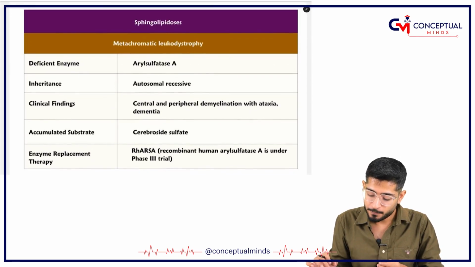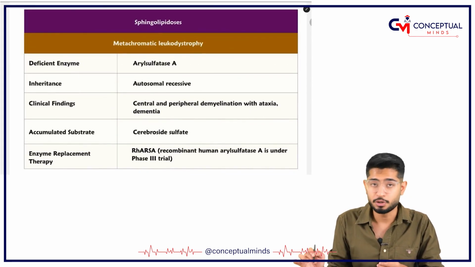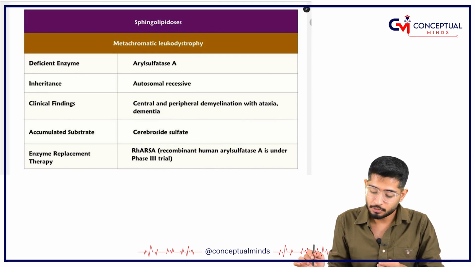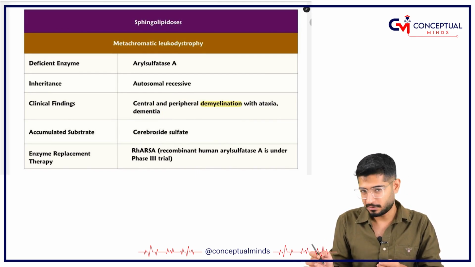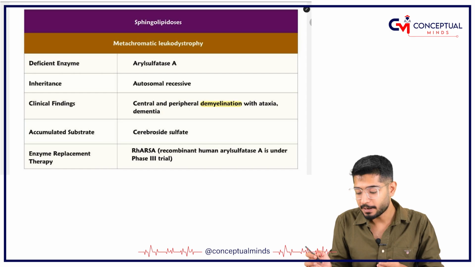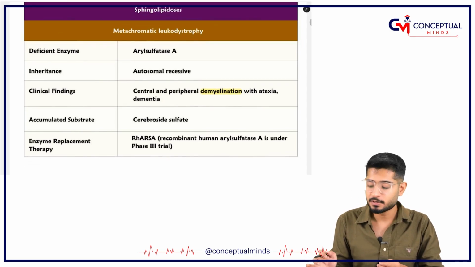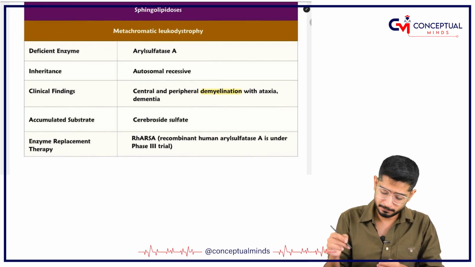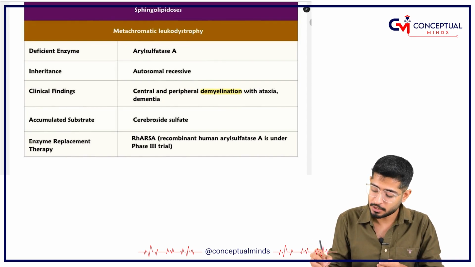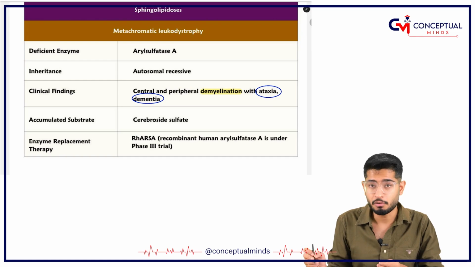Then coming on to metachromatic leukodystrophy. Please understand there is a leukodystrophy. Leuco means white substance, like myelin. So demyelination is going to be there, and because there is demyelination, there is neurodegeneration that causes ataxia and dementia also.